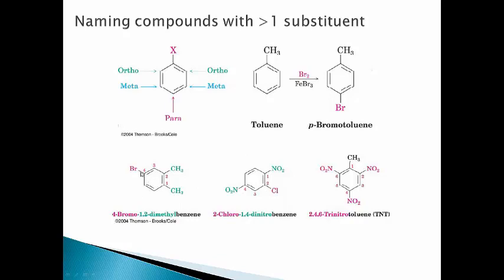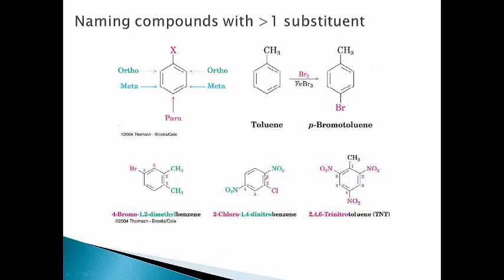Now we have our benzene ring, and we have 1, 2, 3, 4. So our CH3 is the higher priority compared to the bromine. So we've got 1, 2 dimethyl, 4 bromo. Alphabetically comes out as 4-bromo-1,2-dimethylbenzene.